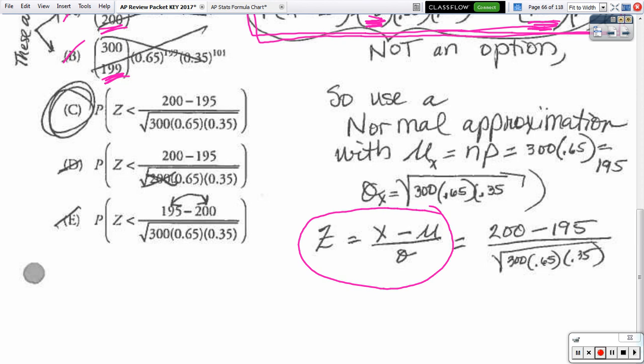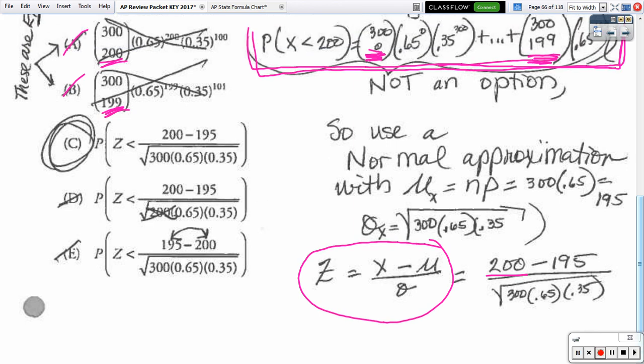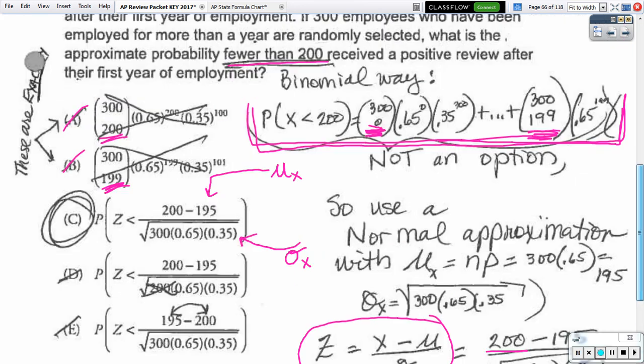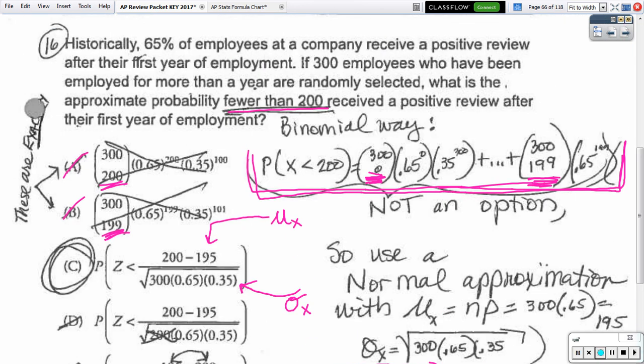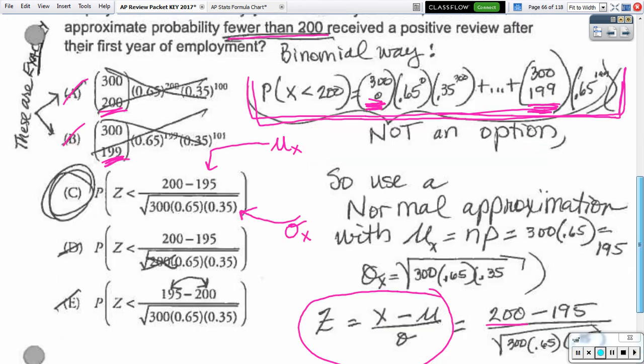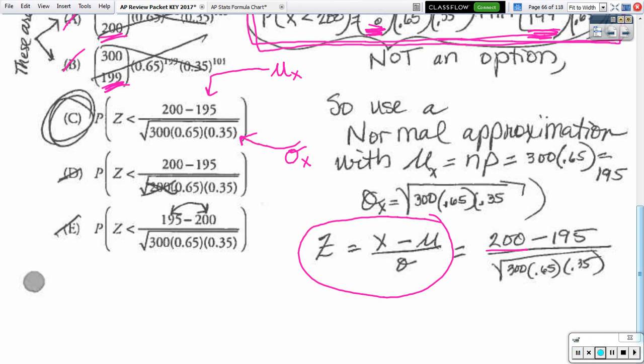In order to do that, I know 200 is my x, and I need my mean and standard deviation in terms of number of items. 200 is the number of positive reviews.